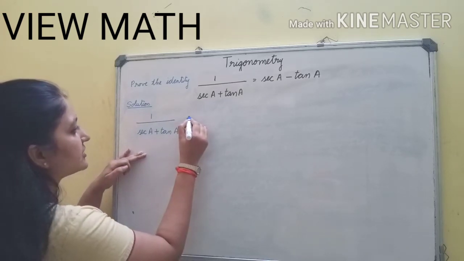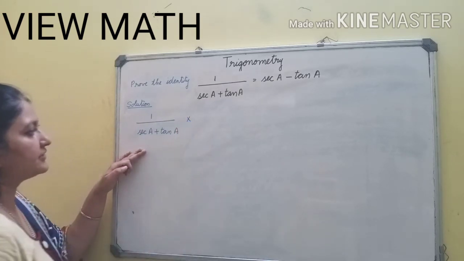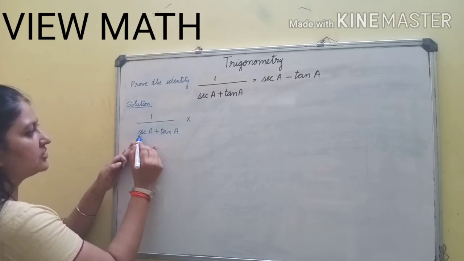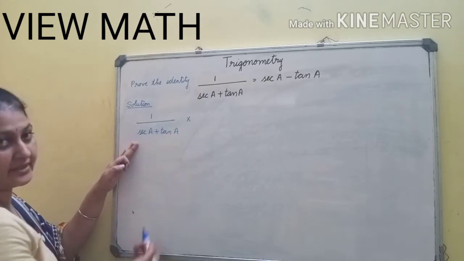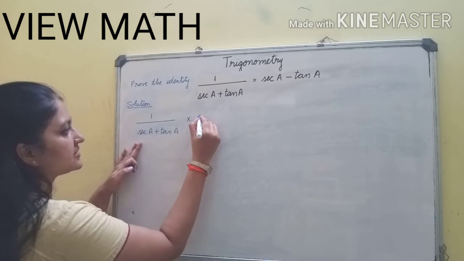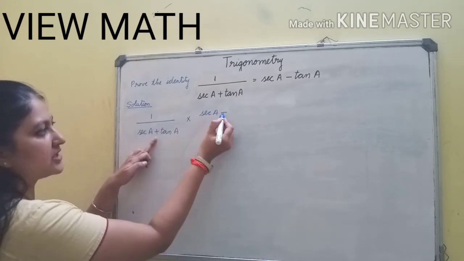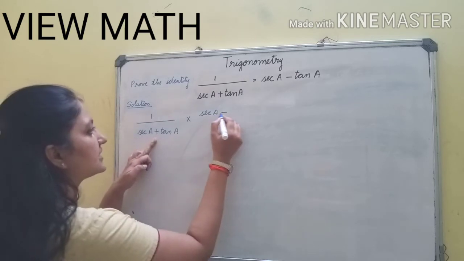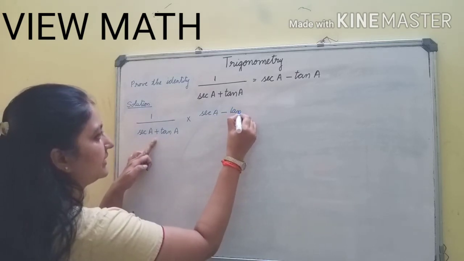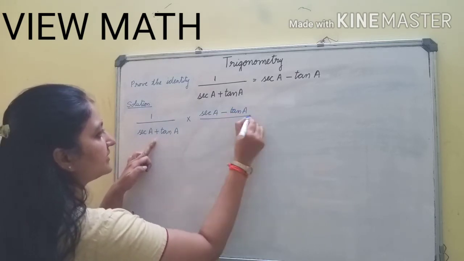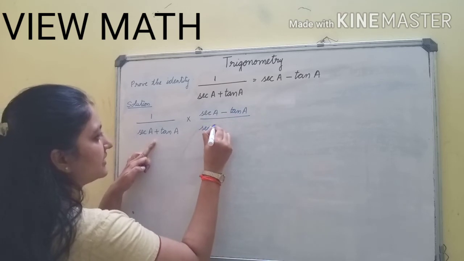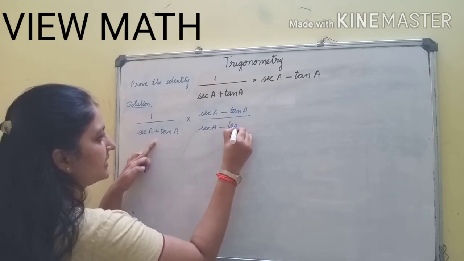What is the meaning of it? Multiply and divide by the conjugate of secant A plus tan A. The conjugate of this is secant A minus tan A, because whenever there is plus you have to take the negative side. Multiply and divide by secant A minus tan A.